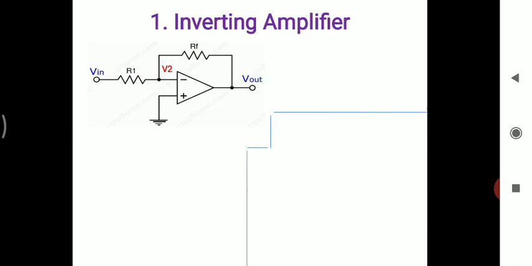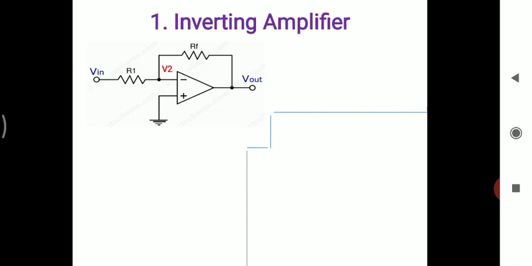That is, the output voltage Vout is connected back to the inverting terminal through resistance RF. This is called negative feedback, or you can call it a feedback network. So in this feedback network, we have resistance RF.